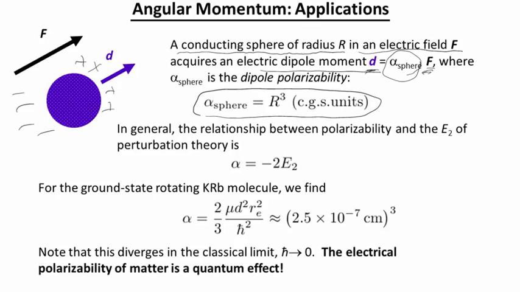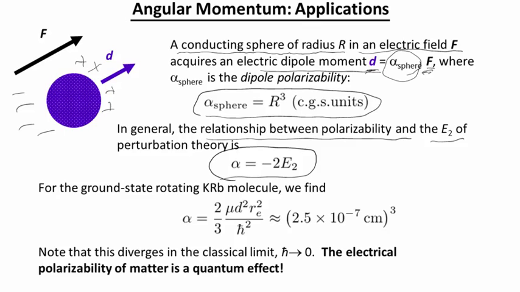Now, as it happens, it's easy to show this from the defining relations. The relationship between the polarizability and the second order energy is just given in these simple terms. So this means we can now use quantum mechanics to describe the polarizability of matter. It's really the first, and to date only, fundamental theory that allows us to understand electrical properties from first principles.